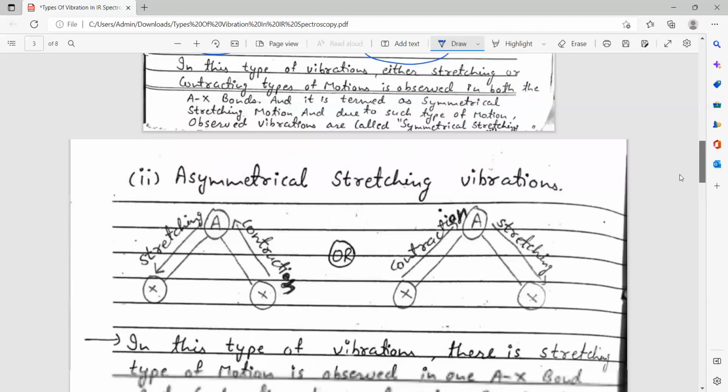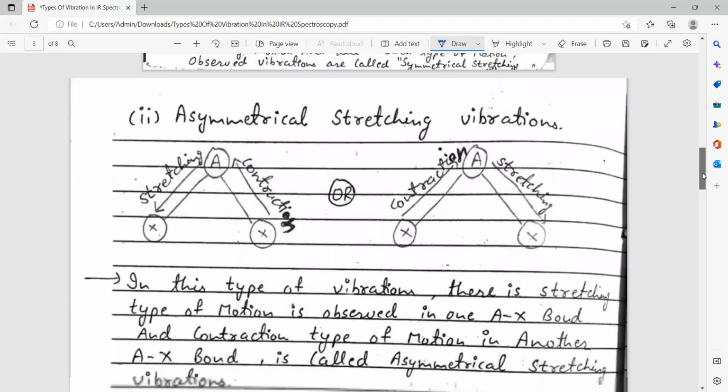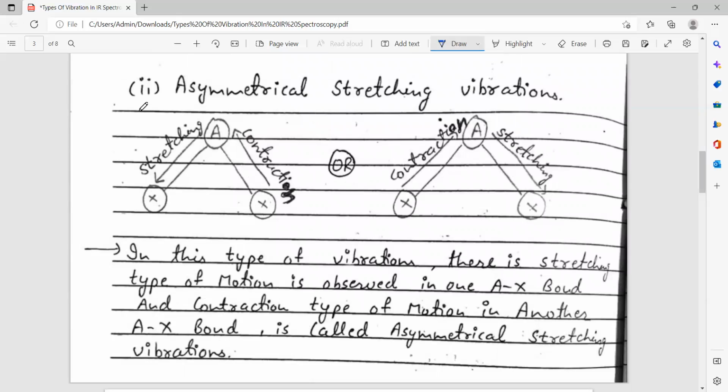So further we are discussing asymmetrical stretching vibrations. Here asymmetrical means, here I'm drawing a figure. If you are stretching this AX bond like this, and if you are stretching this AX bond like this, there is a difference between the stretching of the two AX bonds.